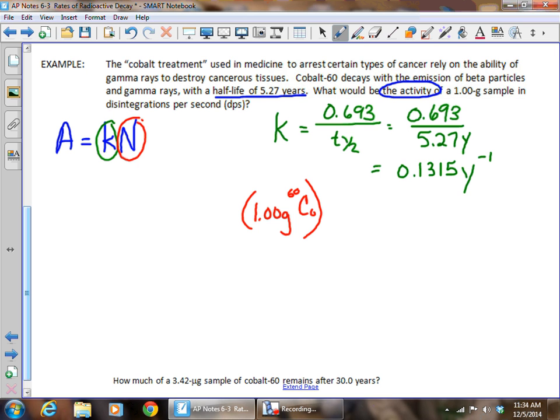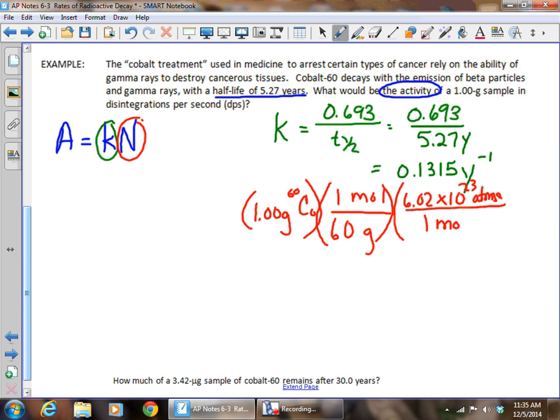So to find the number of atoms present, don't look up cobalt, because it's not asking for run-of-the-mill cobalt, it's asking for specifically cobalt-60, so 60 grams per 1 mole. And once we get it to moles, there's 6.02 times 10 to the 23rd atoms of cobalt for every mole. So we end up with 1.00 times 10 to the 22nd atoms.